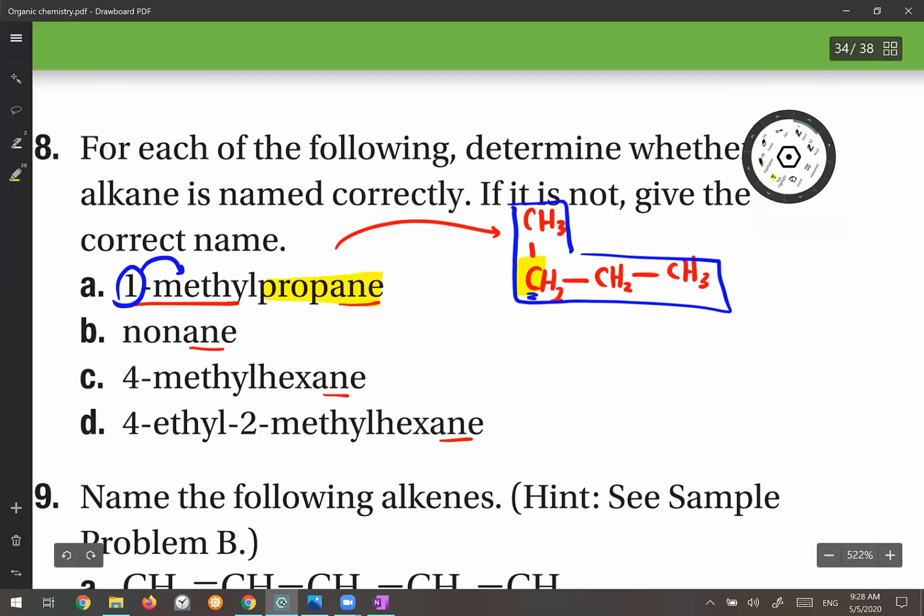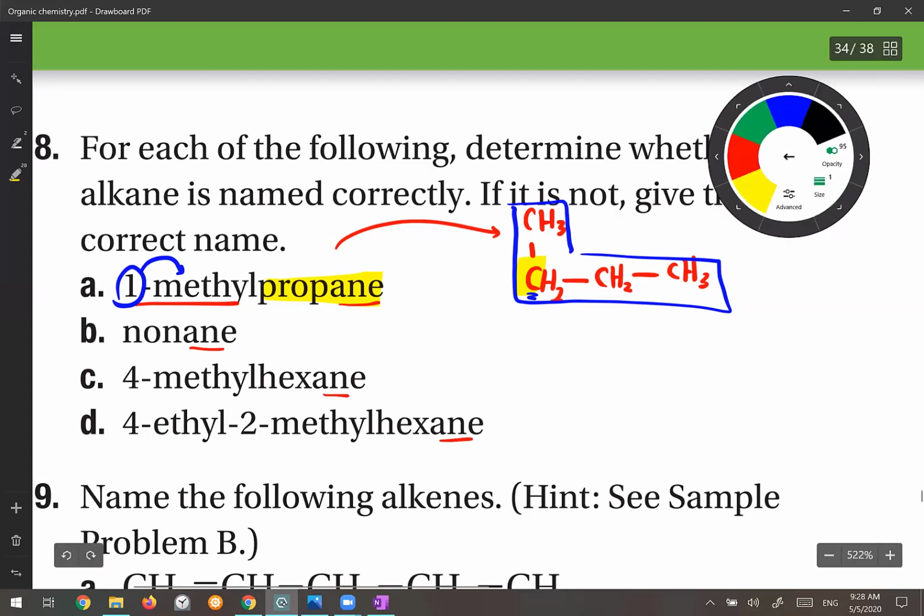So the name was wrong because they took this one as the longest chain and as a parent, and they took this one as a branch. But you can see that we can find a longer chain than this one, this blue one. Okay? So this compound is actually butane. So the correct name is butane. So the first name is wrong.